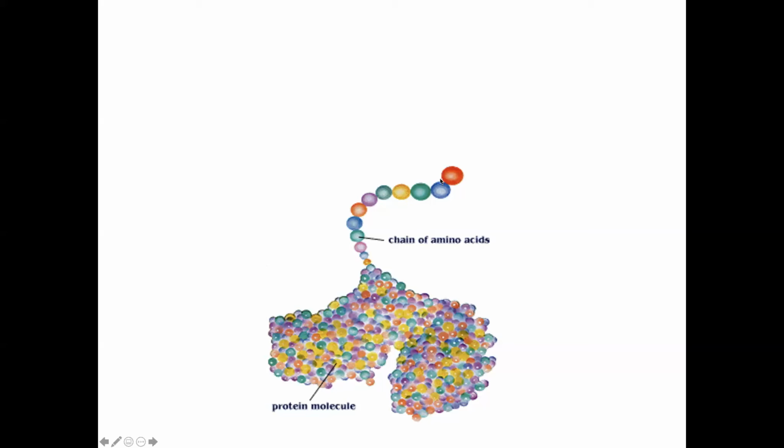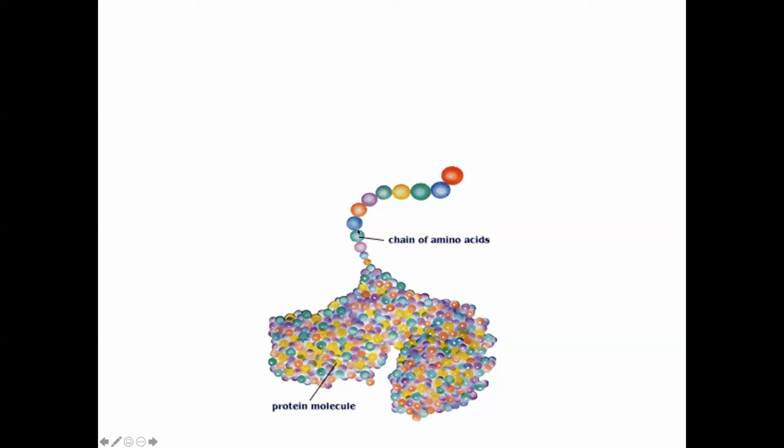So once the amino acid is in a peptide bond, it is called a residue, because it loses part of its structure. It loses some atoms. So this is a chain of amino acids, or usually we call it a chain of residues.